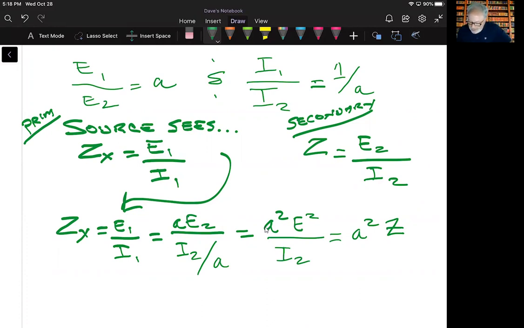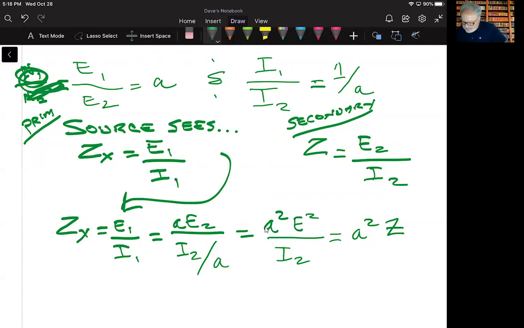We know E1 over E2 is equal to this turns ratio, which goes back to this equation, N1 over N2. We also know, I think it was equation 9.7, that this relationship exists in terms of the inverse relationship with the current.